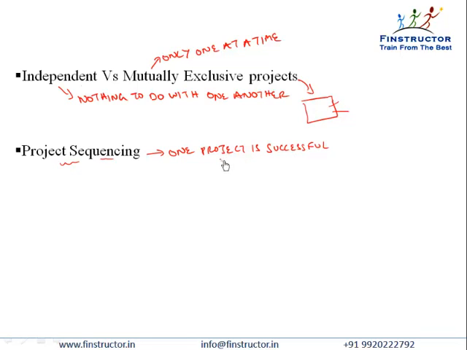But if the first step fails, then even the subsequent phases of the project will not be started upon. So the projects are often taken up in a sequence. And if the first is successful, then more can be undertaken.